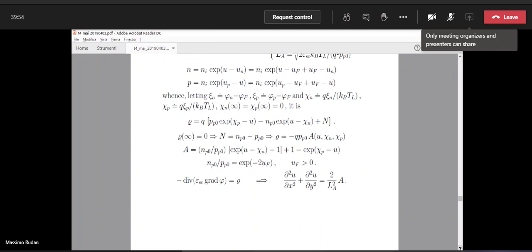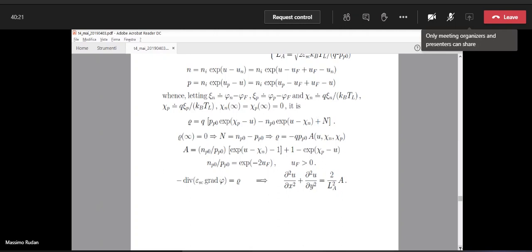You see, if we replace chi n and chi p with uF, we obtain again the equilibrium expression of A. Okay, and the ratio np0 over pp0, as you remember, is the exponential of minus 2uF, so it is a very small quantity.